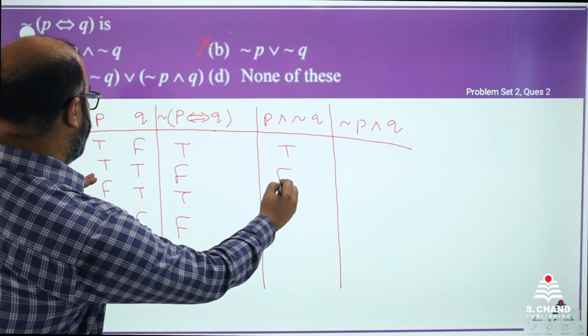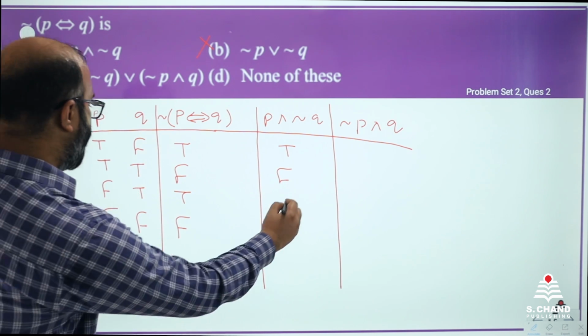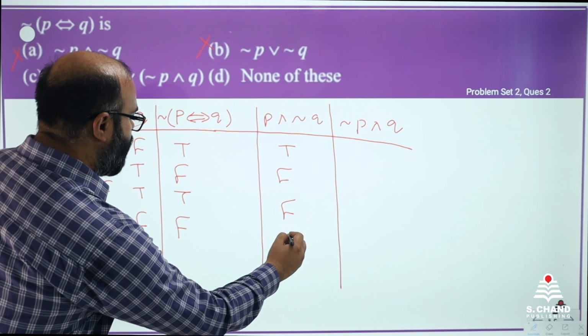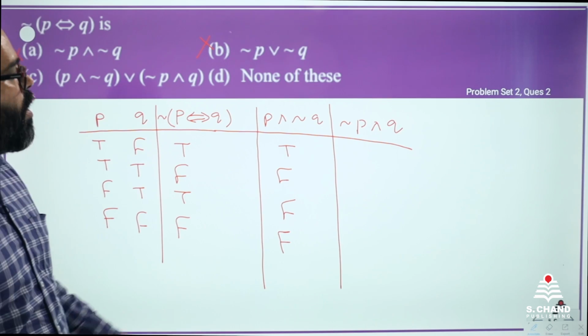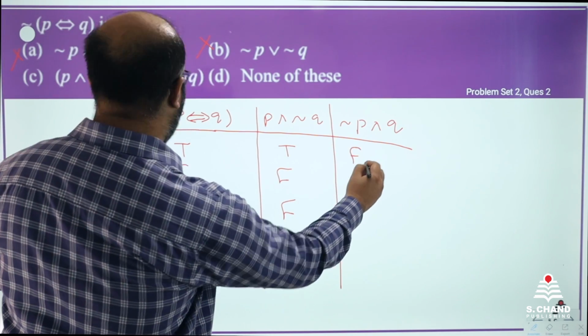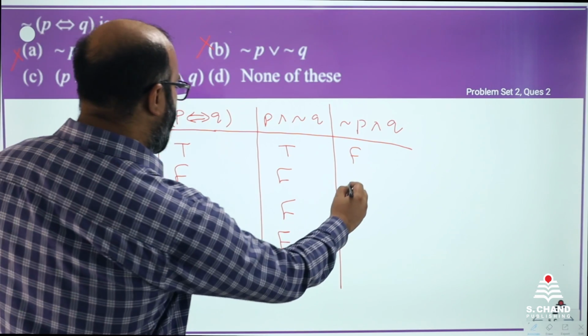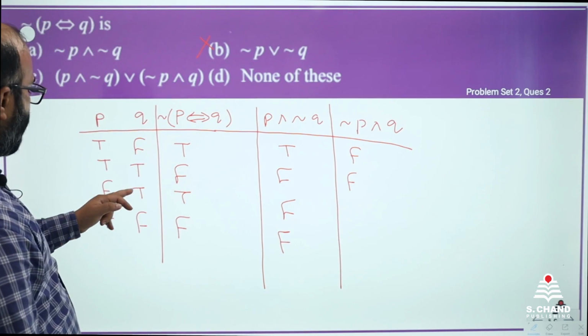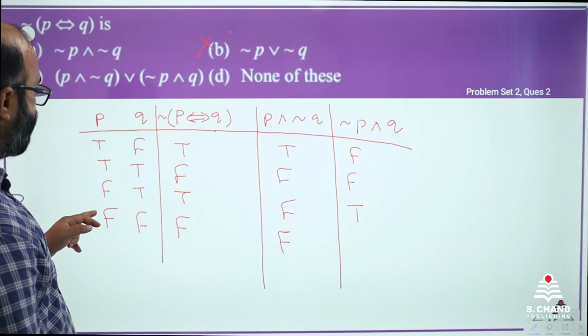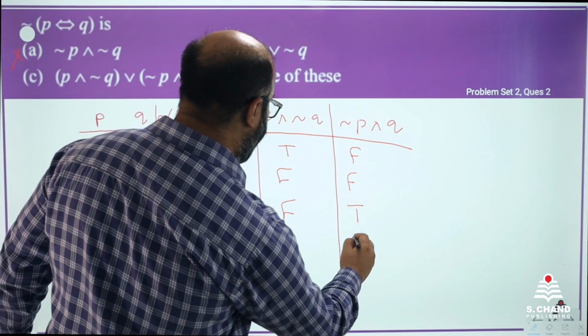So false, false and false will be false. Here false and true will be false, right? Not P and Q if you will take. So false and false will be false. False and true will be false. True and true will be true. And here true and false will be false, like this.